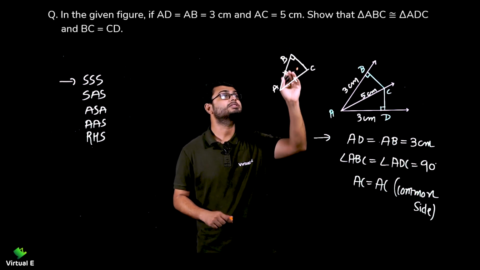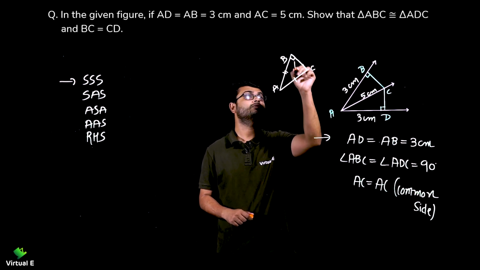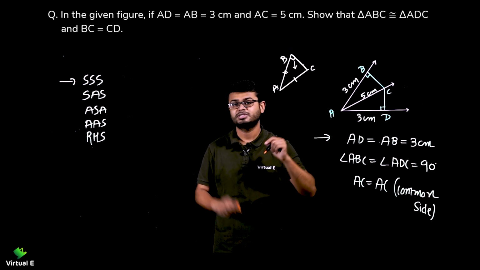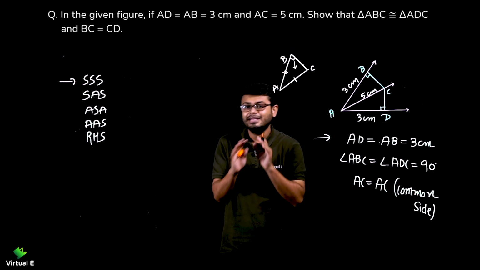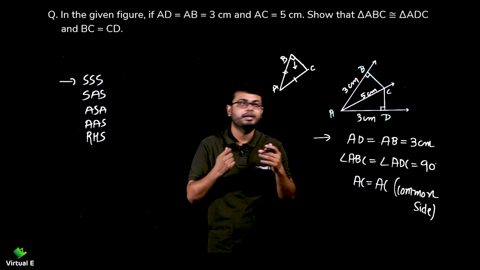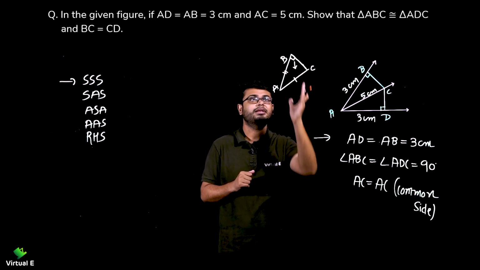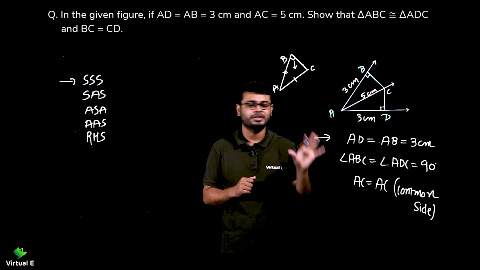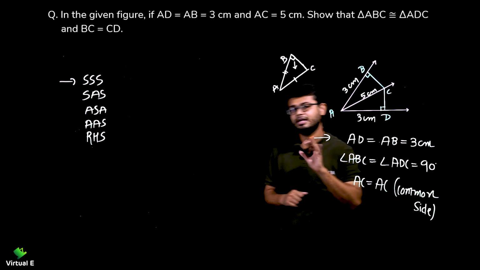Now hypotenuse is always opposite to 90 degree. Remember that very well, right? So opposite to 90 degree is what? AC. So we have hypotenuse as well. And side, I told you, you can have any side, maybe base or maybe height as well. So in this case, we have the base, right? That's better. So we can use RHS over here.